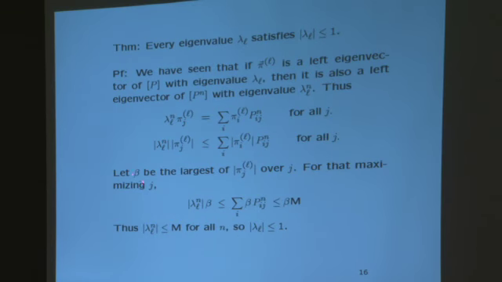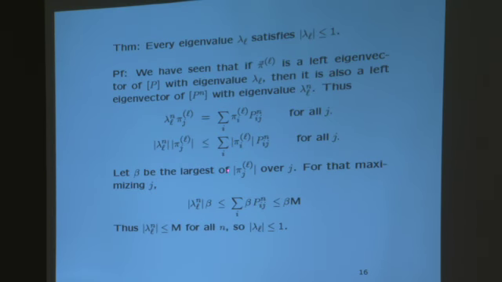Okay. Now I take the magnitude of everything as before. The magnitude of this is again less than or equal to the magnitude of this. I want to let beta be the largest of these quantities. And when I put that maximizing j in here, lambda to the L times beta is less than or equal to the sum over i of, I can upper bound these by beta, so I wind up with lambda to the L times beta is less than or equal to the sum over i of beta times Pij to the n.